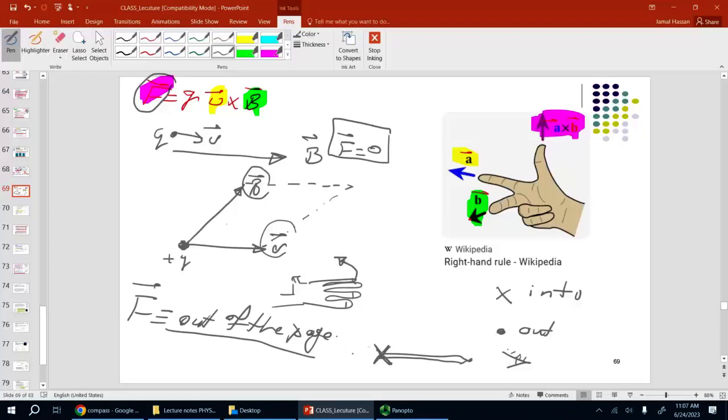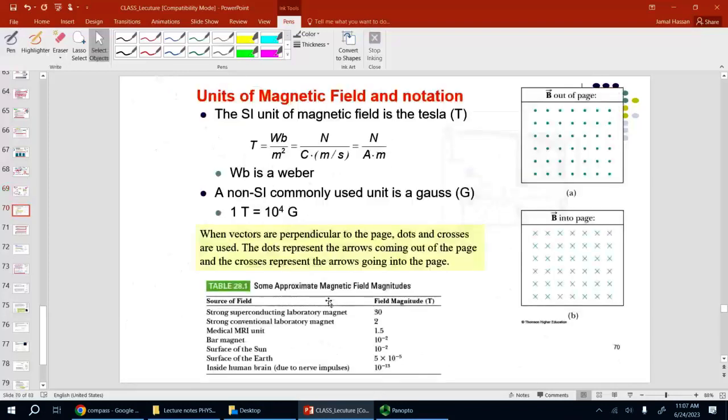And if your eye is here, you're going to see the cross, so it's like in. That's the meaning of why this symbol is cross and dot. Okay. So out of the page, we use dots. Into the page, we use cross.